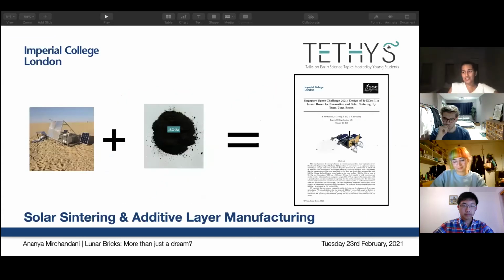So our project essentially builds on these ideas and marries the Fresnel lens and ESA's research to produce an engineering proposal of how to execute this more efficiently. Just as a reminder, the ESA project didn't use a lens, they used an oven, and we used a lens.